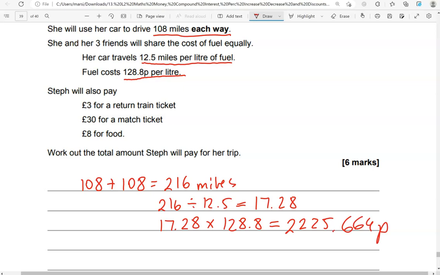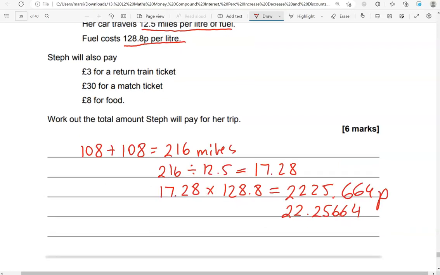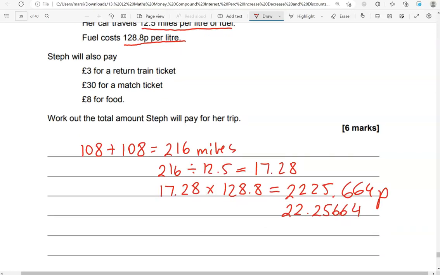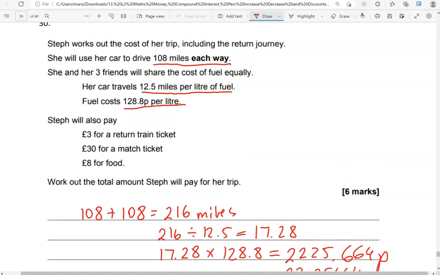So if we divide this by 100, it should give us the cost in pounds. So 22.25664, and we know that money needs to have two decimal places, so £22 and 26 pence. We're going to round this. So that is the travel cost.